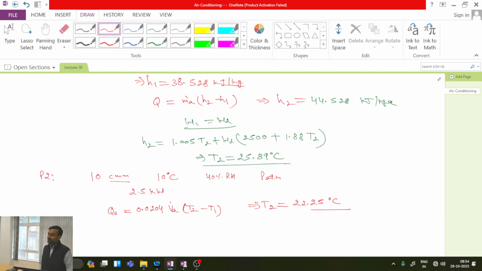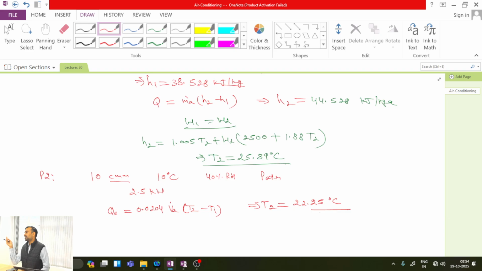Now relative humidity is how much? 30%. Okay. So it means that even if I have to use the approximate formula, I need to apply certain corrections so that I can estimate the density corresponding to the actual condition.